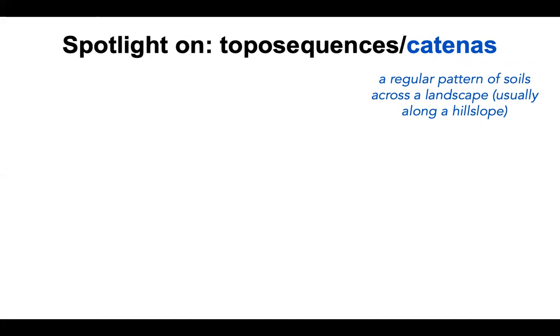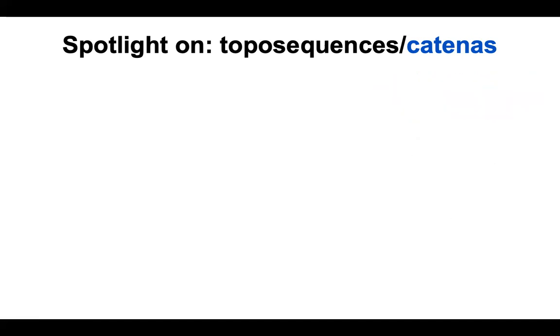It was usually in reference to where they were on a hill slope, but they started calling them catenas. And this originated kind of in East Africa. So there was a lot of work done in Uganda and Tanzania and Kenya here, just kind of Central East Africa. They noticed these catenas.